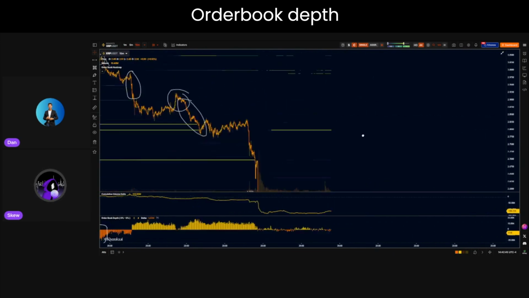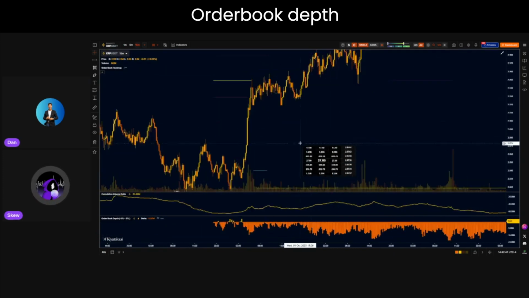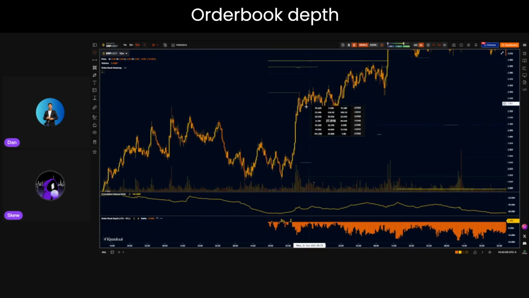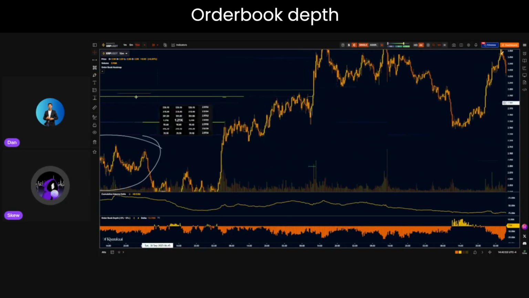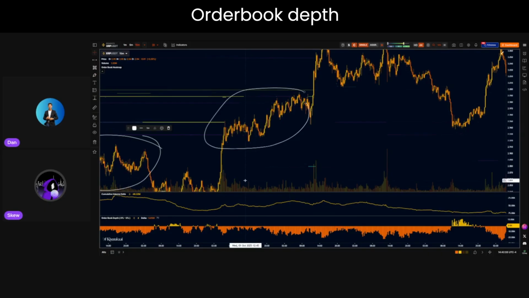On the upside, it looks exactly like this, because the sellers that were all wrong here start aping in up here. That's why the price is like that.